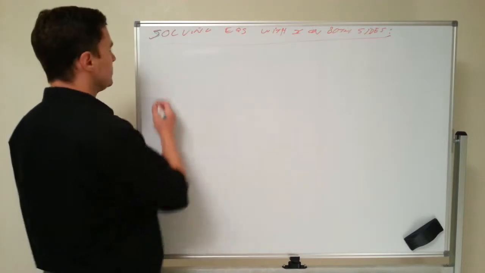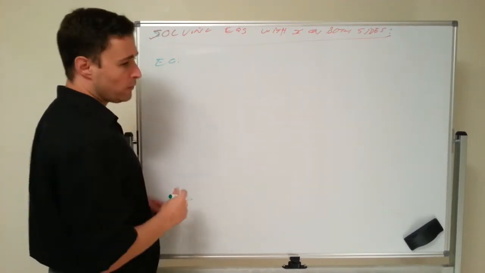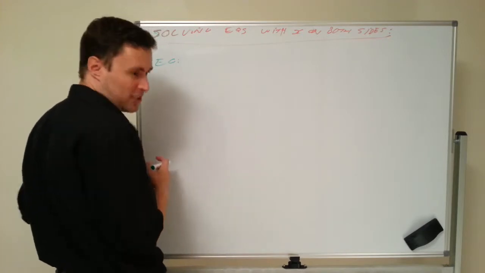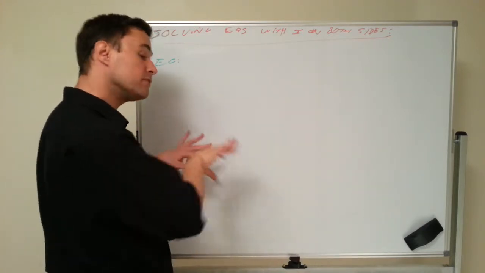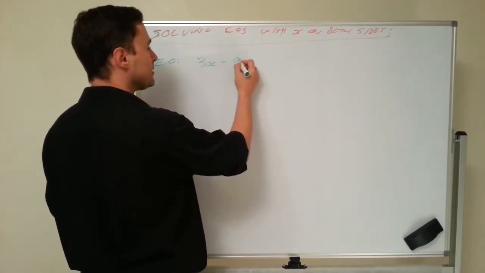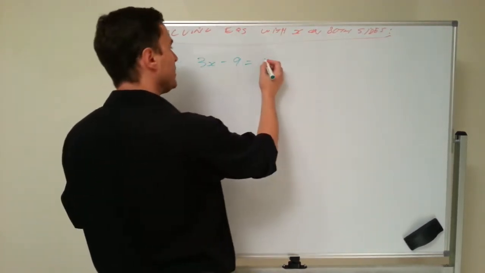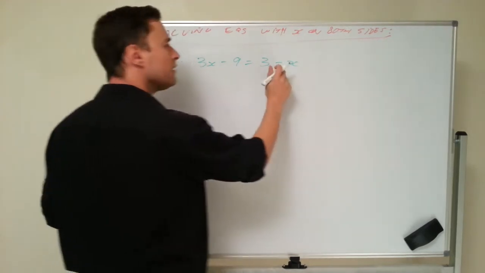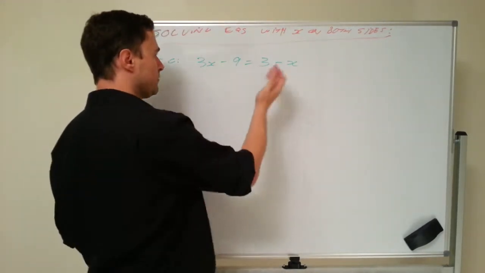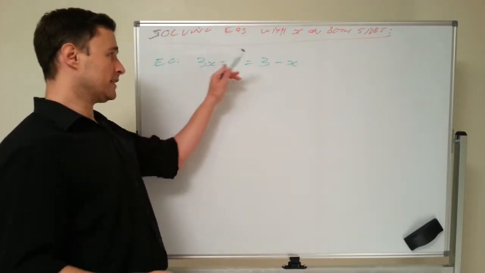The only thing I'm going to add is that when I've got x on both sides, I need to get all the x's to one side and everything that's not x to the other side. Okay, separating things. Let's take a look at this example: 3x minus 9 equals 3 minus x. Don't get freaked out by the letter second; it doesn't mean anything. This is positive 3 and negative x, positive 3x, negative 9.